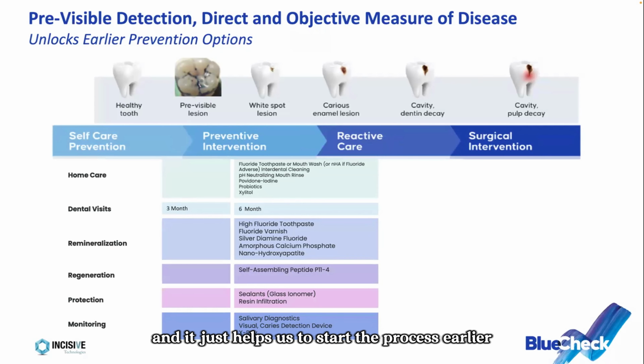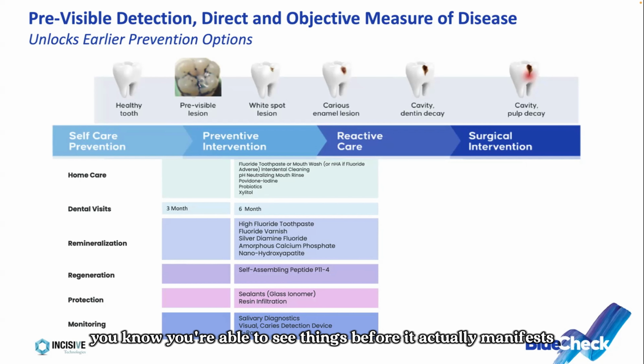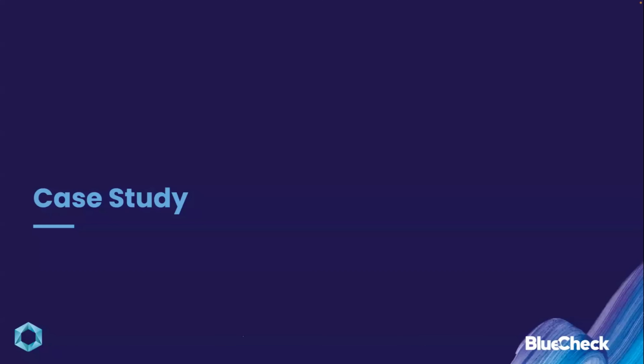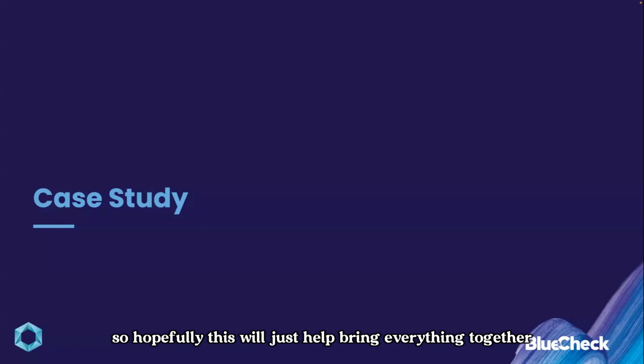It helps us start the process earlier and manage caries more like a chronic disease, like blood work, where you're able to see things before it actually manifests and start to do something about it and trigger those behavior changes. I'm going to share one of my cases with you, so hopefully this will help bring everything together so you can see what it looks like in clinical practice and the clinical workflow.